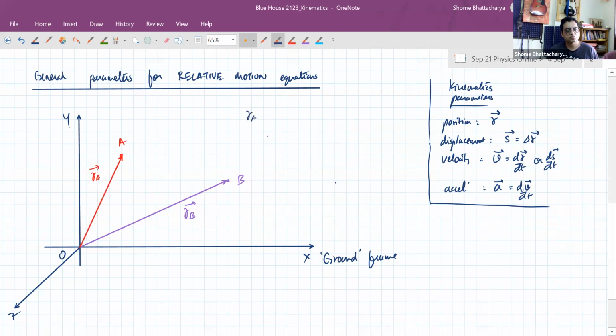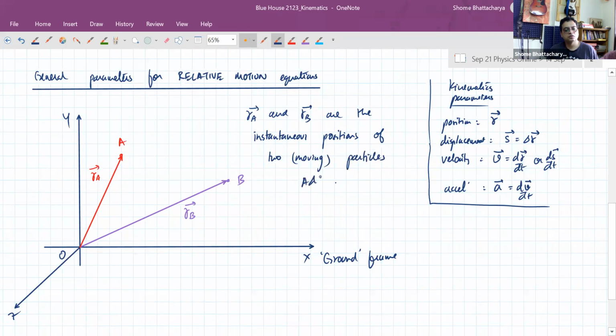These are instantaneous positions of what we'll consider in general moving particles A and B at an instant of time t equal to 2. Okay.